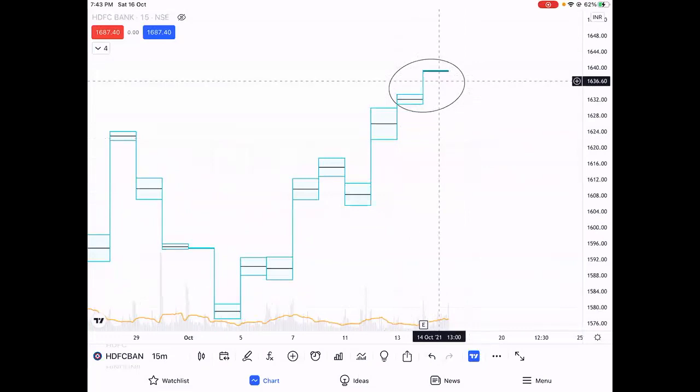So let's assume we are on 14th October. The market is about to start. What information have we gathered till now? First, the CPR is narrow, so today the day might be trending. Second, what should be the trend?